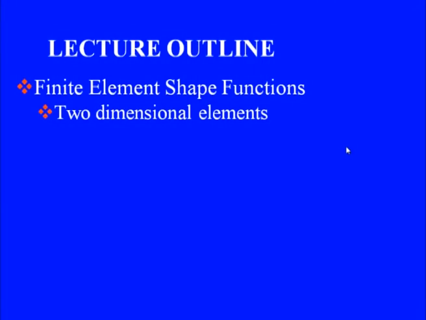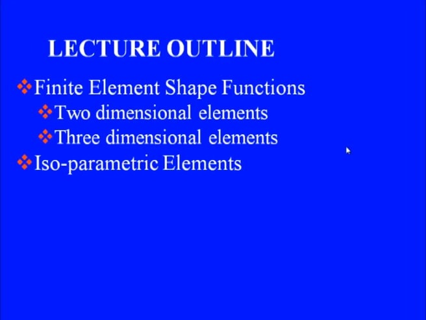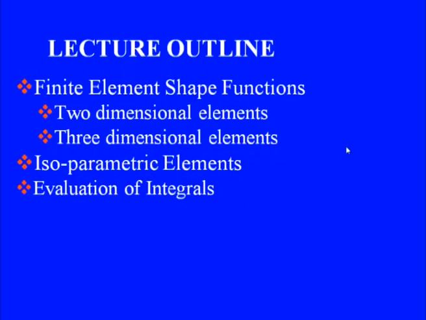So we will continue with the shape functions. In two-dimensional elements we will take a look at triangular elements, and then we will also have a look at a few three-dimensional elements, and then we will define what we mean by isoparametric elements, which are very commonly used in curvilinear domains. Then we will have a look at how we evaluate the integrals which cannot be evaluated analytically.